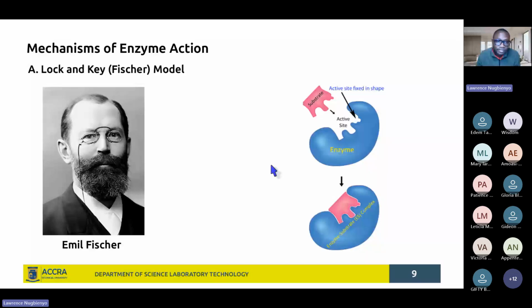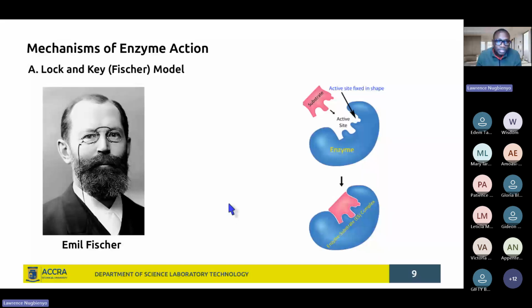Now, in fact, Fisher actually got a Nobel Prize for his works with enzymes, particularly with this model.